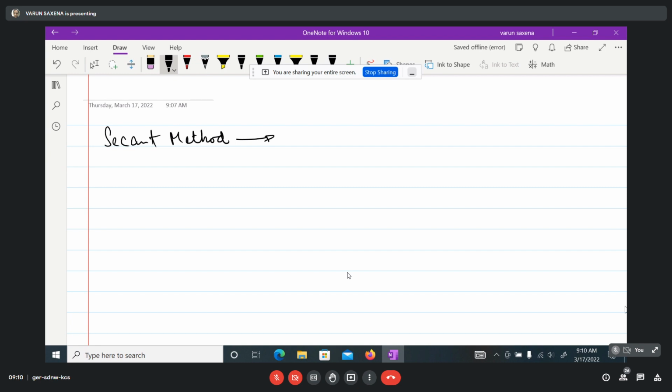So the first step in the secant method is to choose two initial approximations. Those initial approximations are x1 and x2.